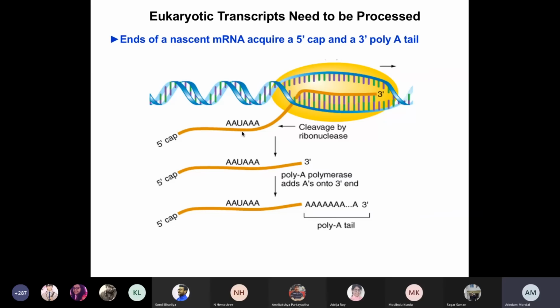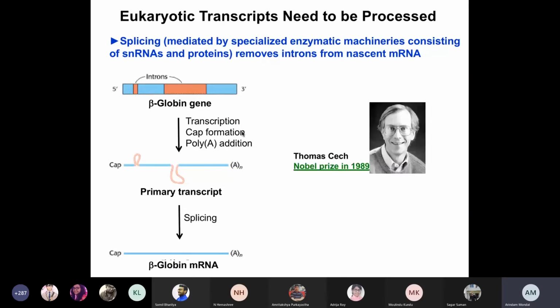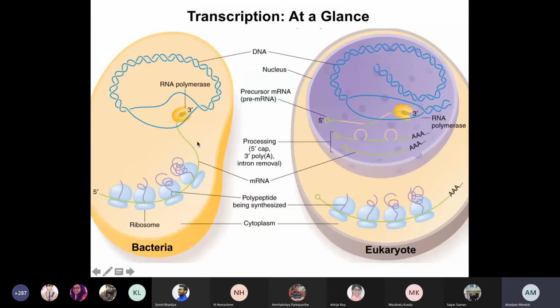Because if you look at the spatiotemporal dynamics of the transcription and compare between the bacteria and the eukaryotes, you see this is the double-stranded DNA, and here the transcription takes place. This is the RNA polymerase which is synthesizing the RNA, and as soon as it is getting synthesized, even before the completion of the RNA synthesis, it is getting recognized by the ribosome, and that is synthesizing the protein.